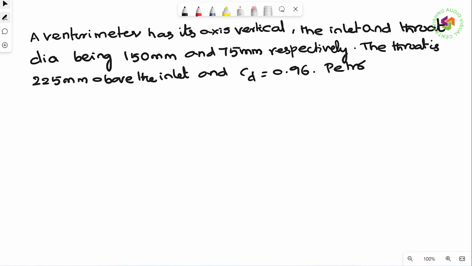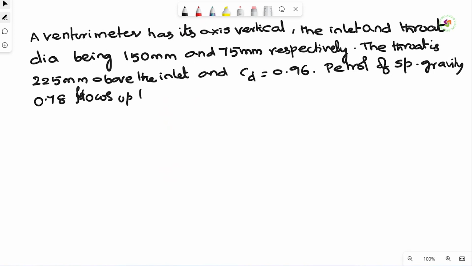Petrol of specific gravity 0.78 flows up through the meter.